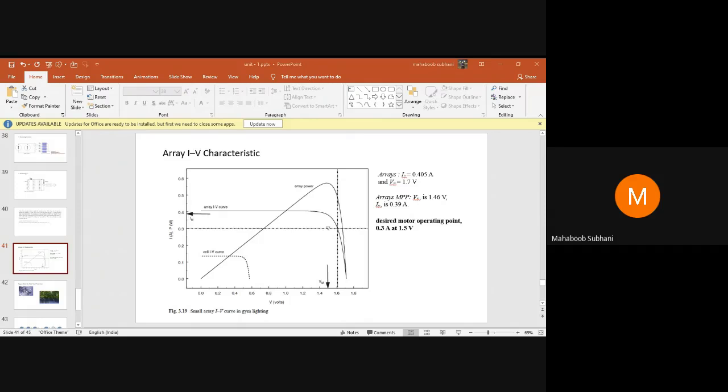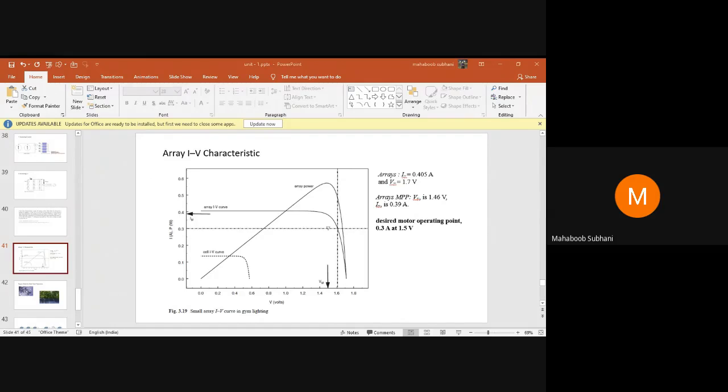Okay, but not 1.5 voltage and 0.3 amperes. So there is an excess of voltage there. Now, for that, if you calculate the power value for these values, the load resistance is 5.33 ohms to deliver 0.3 ampere current for this motor.